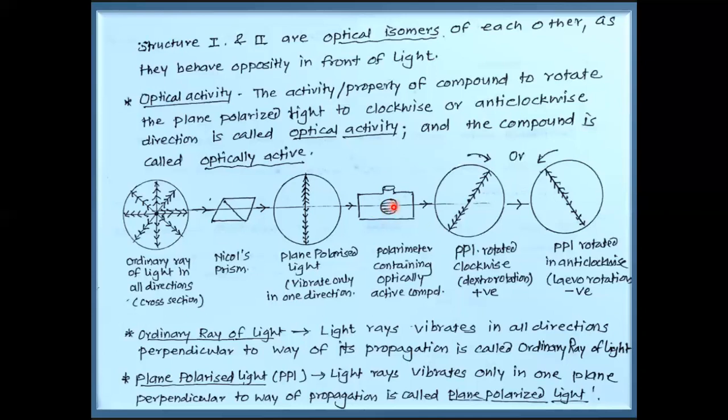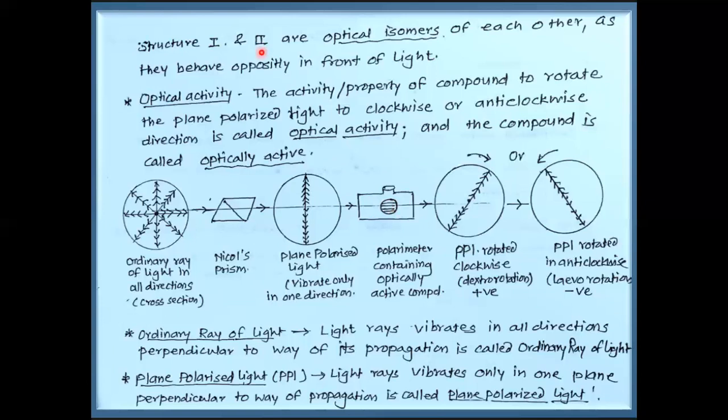In the previous slide, we have seen what a chiral compound is. A chiral carbon is bonded to 4 different monovalent atoms or groups. It is called a chiral carbon. So such a compound containing a chiral carbon, if placed in this polarimeter, has two stereoisomers.